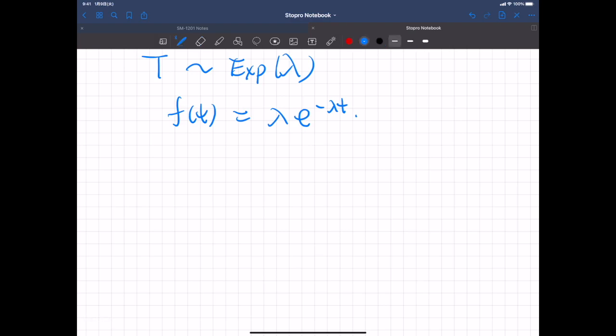So the density looks like, so this is t, it's just an exponential function, like this. So the probability of failure is highest at t equal to 0 and lowest when t is large.